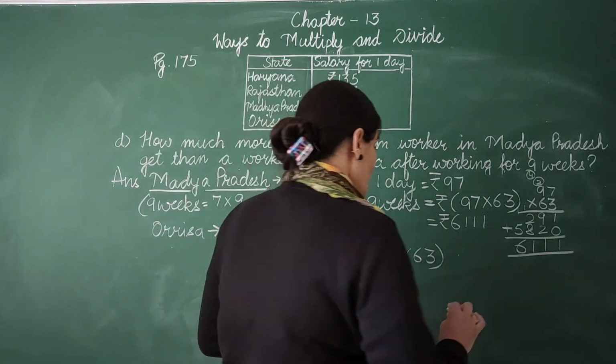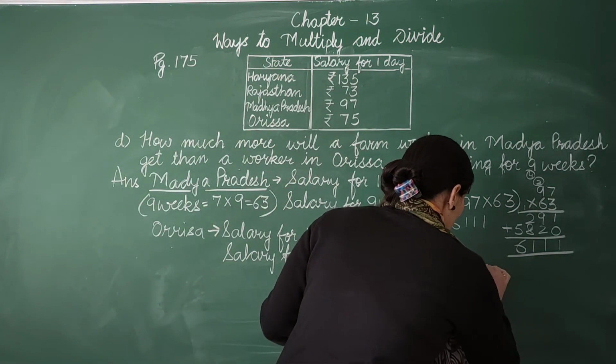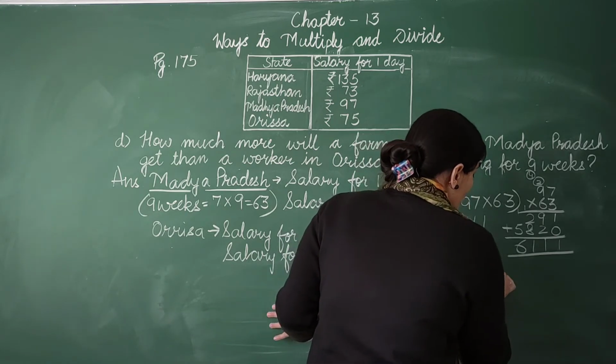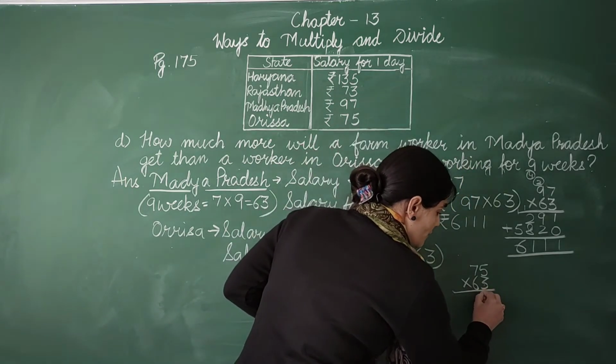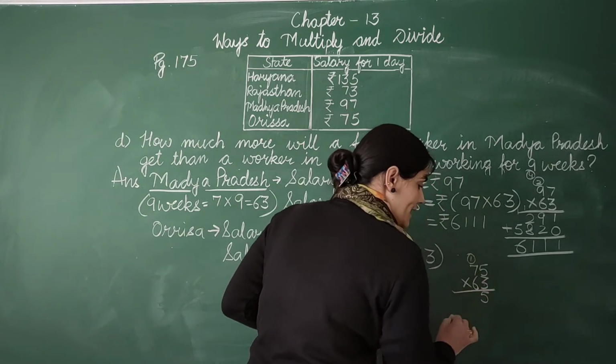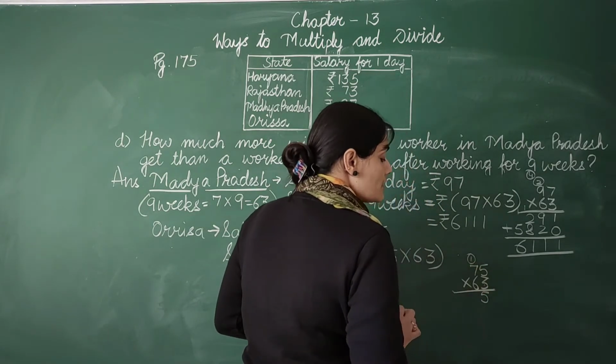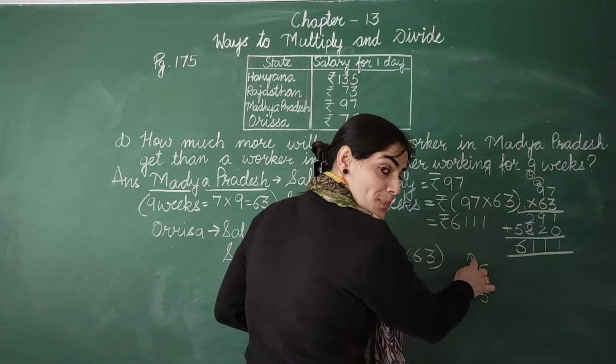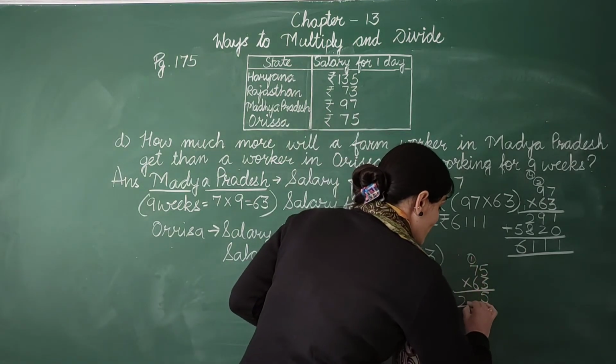Let's do the calculations. 75 multiplied by 63. 3 5s are 15. 5 I write and 1 I carry. 3 7s are 21. 21 plus 1 makes it 22.